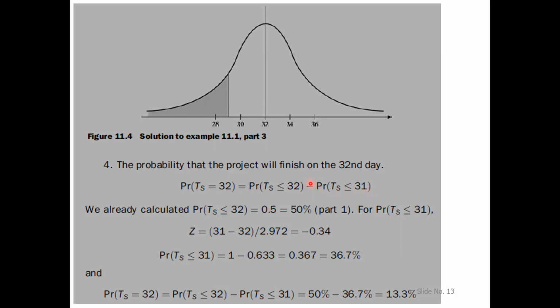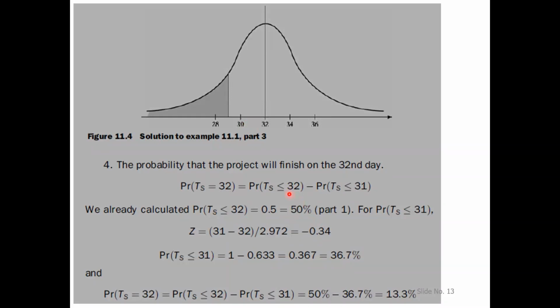This is the probability for just that one day only, not any days before. So only the area between the 31st and 32nd day will be the answer in this case.